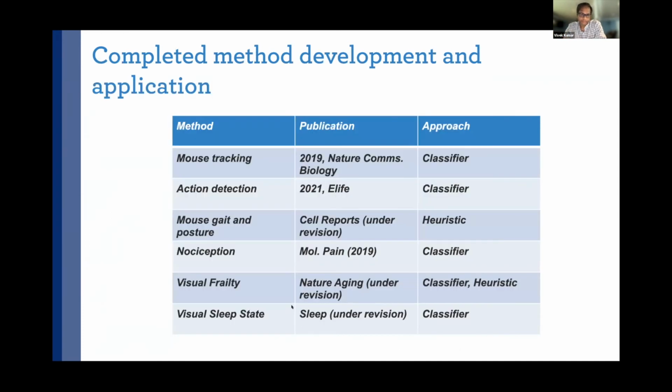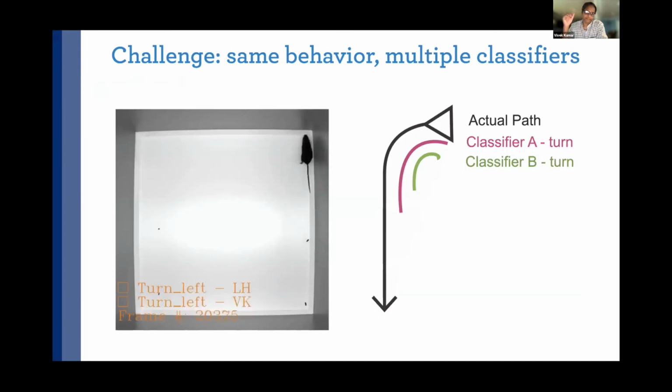We've been tackling this in a series of papers where we've looked at tracking, action detection, gait and posture, nociception, frailty, and sleep states. We've used this approach of either building classifiers or building rules, or combining classifiers with heuristic approaches. And we immediately run into a problem.